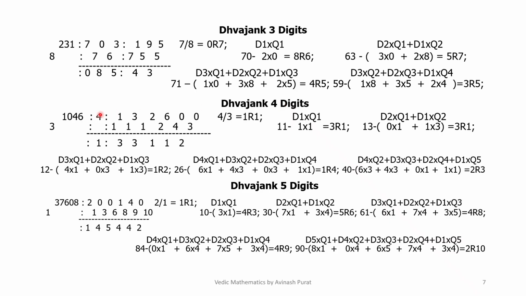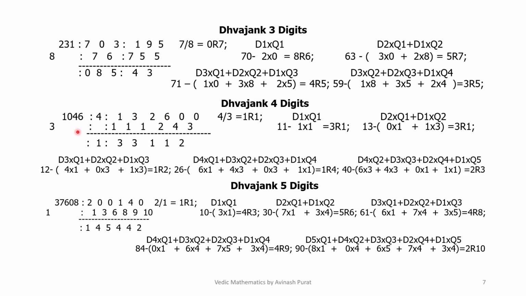Now Dhvajanka 4 digits. Now 41326 divided by 31046. Now 3 is first divisor, 1046 is 4 digits Dhvajanka. Being 4 digits in Dhvajanka, 1326 is taken after decimal point.